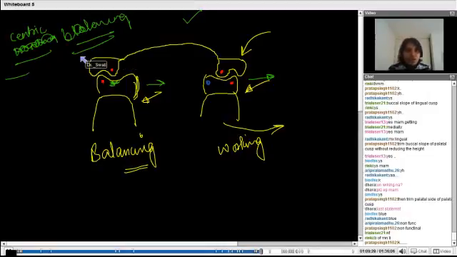Now if the question is more precise, let me draw the two slopes of this functional cusp. One is the blue slope and one is the orange slope. If the question is more precise, you know the interference, right? Interference is on working side between the red dot cusp and blue dot cusp.